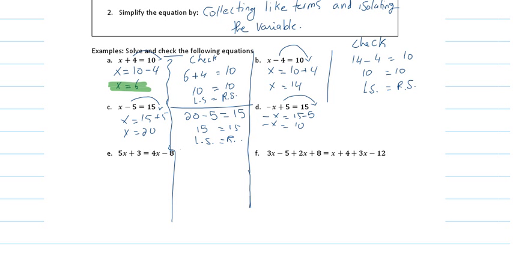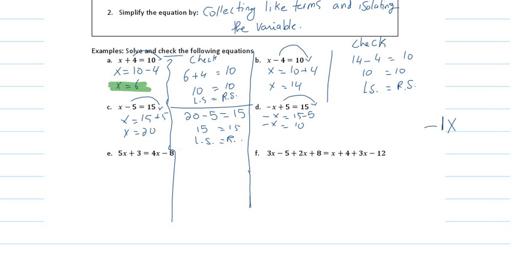Now the question is, am I done? No, because it's not x, it's negative x. I told you guys that if you have a negative x, that's the same thing as saying negative 1 x. How can I get rid of that negative 1? What's happening between the negative 1 and the x? Multiplication, right?